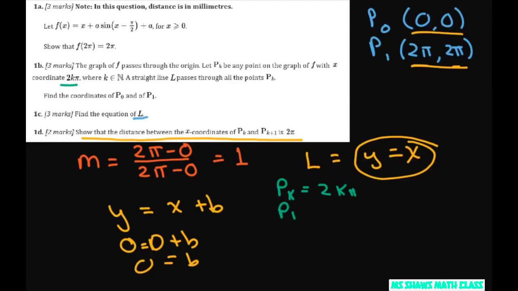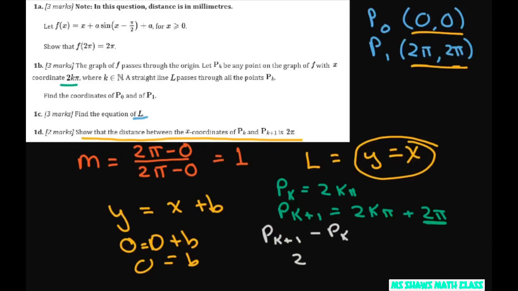Therefore, P_(k+1) equals 2k pi plus 2 pi, because you keep adding a 2 pi. And to find the distance, you merely subtract them, and it doesn't matter what order. So I'll just take P_(k+1) minus P_k.